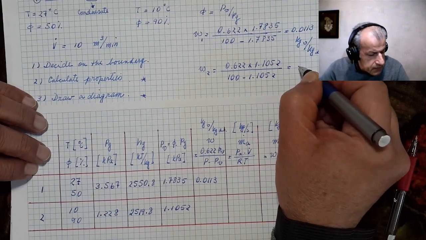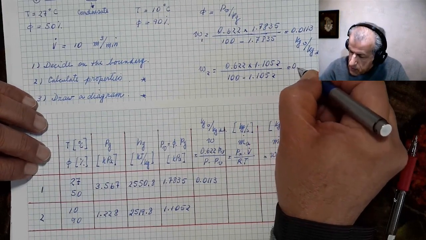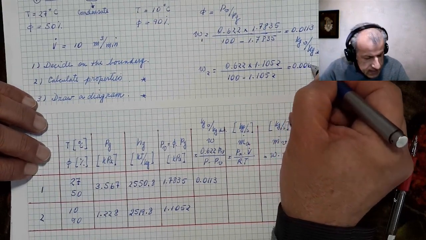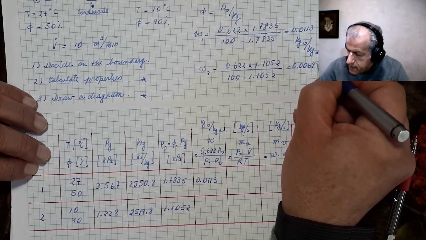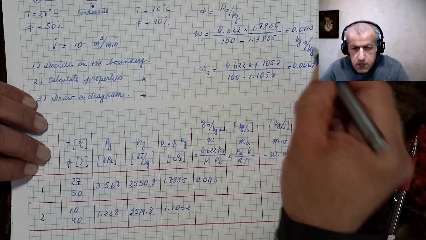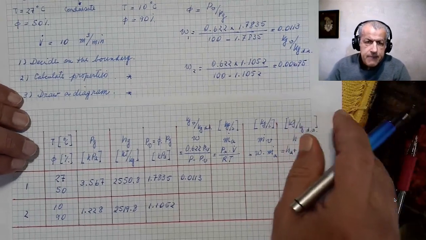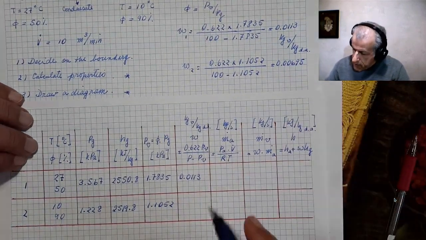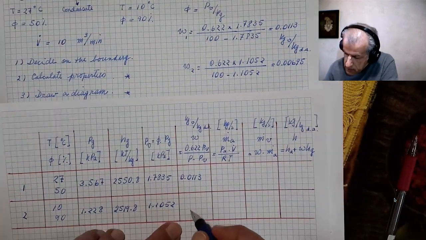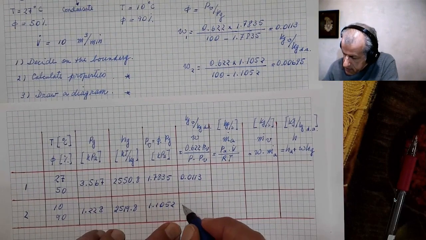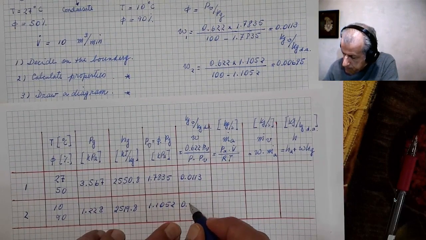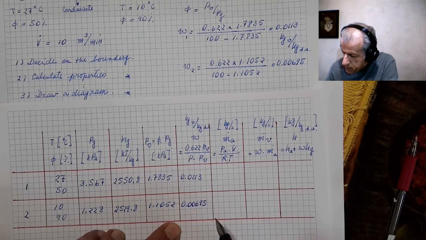And the outcome for it is 0.00695, and the unit is just as above. And I could just write it down here to complete this table, 0.00695.